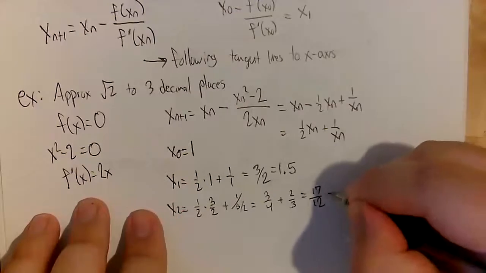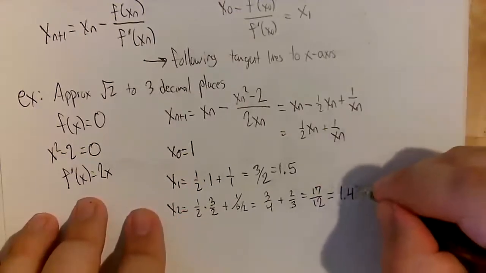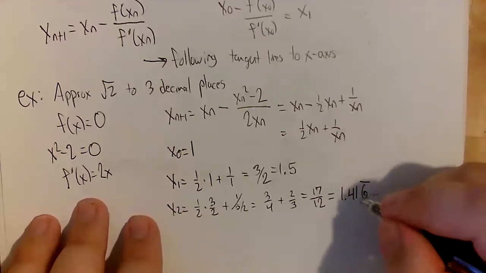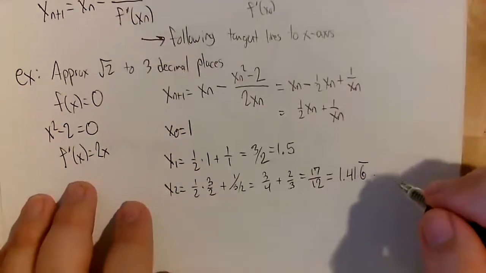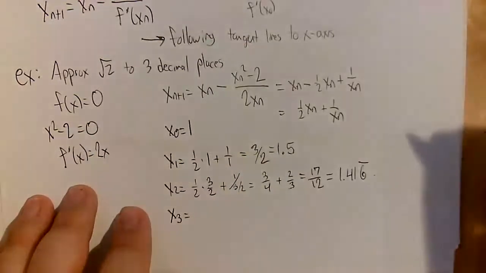We combine the fractions. Now, if we look at the decimal expansion for that, we have 1.416 repeating here. Okay, so I think these parts will be right, but we still need to get one more decimal point of accuracy. So I think one more Newton's method should do it.